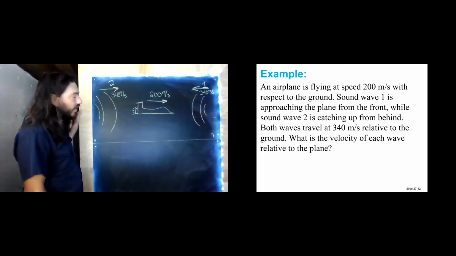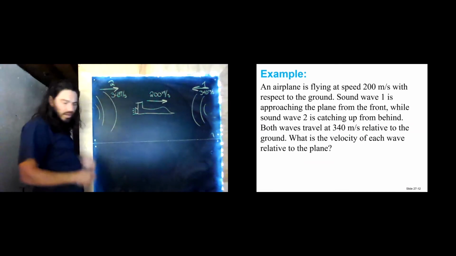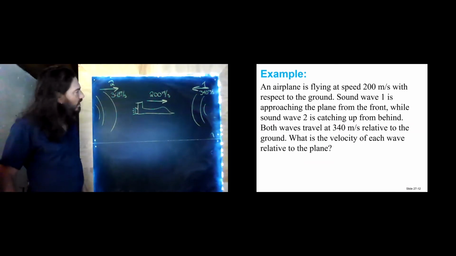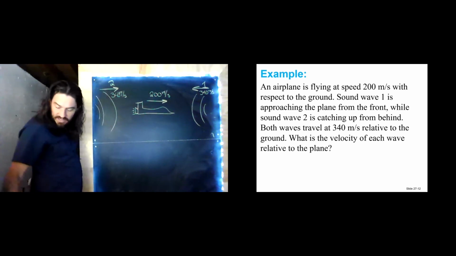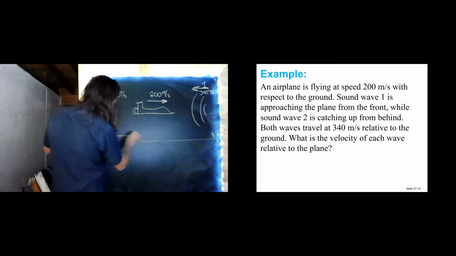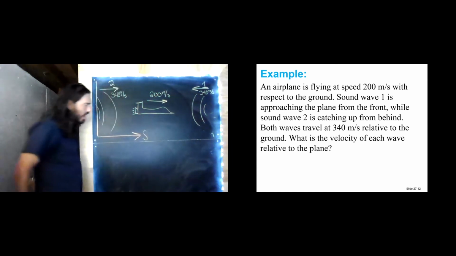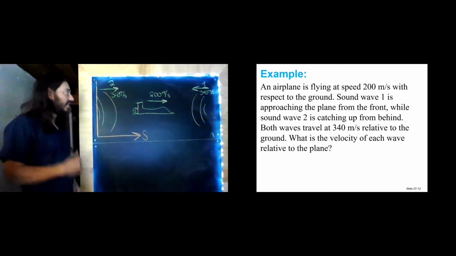Okay, well, let's list our variables here. So, what are our reference frames here? Well, the S reference frame is attached to the ground. So the S reference frame is unmoving, and it is attached to the ground, because we've got all these numbers with respect to the ground.